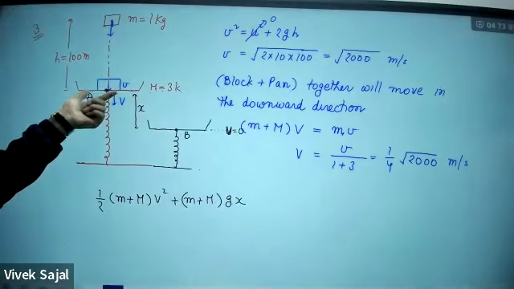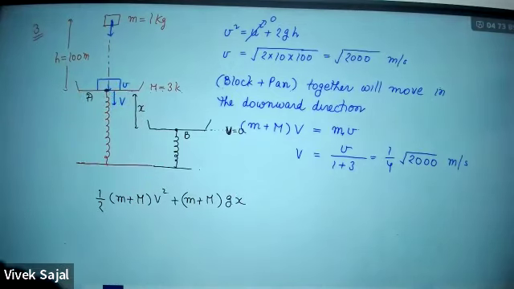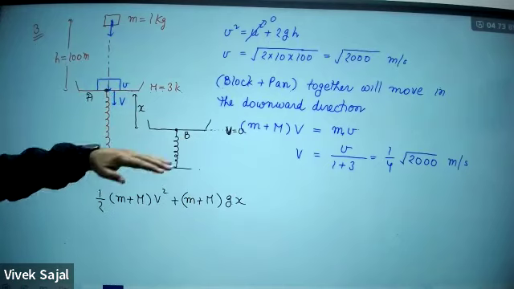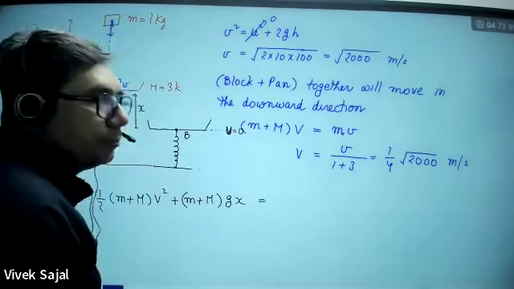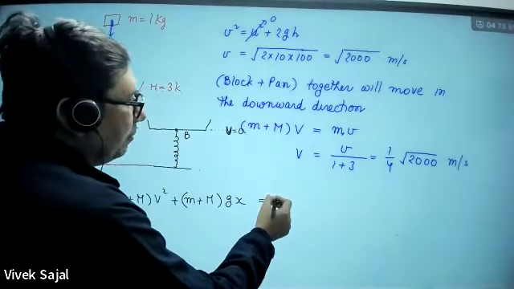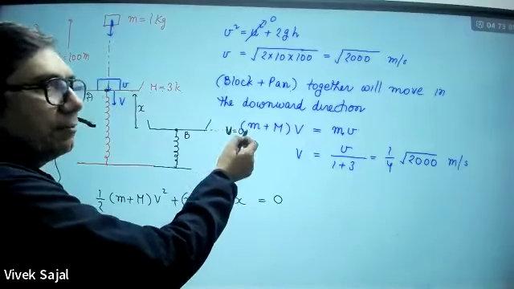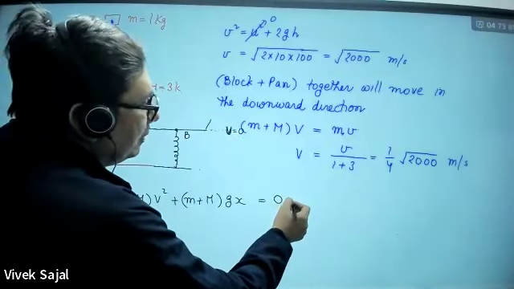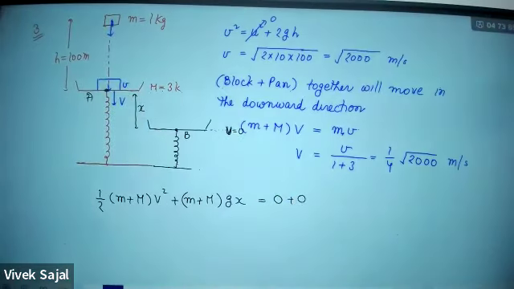So at this point it has kinetic energy plus gravitational potential energy as compared to the other position. At this position, for maximum displacement, velocity will become 0, so kinetic energy will be 0. We are choosing it as reference, so gravitational potential energy will be 0.